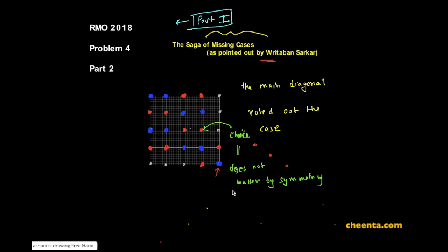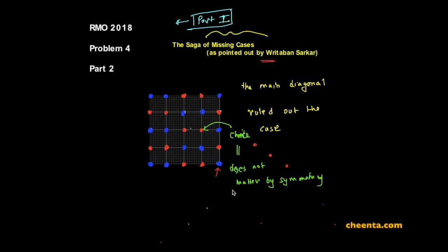This one has to be blue. Why? Because we already have two reds here. In this big box, if this one is red, this one is red, this one has to be blue. Now you see what happens. The biggest square in here, this is blue, this is blue, this is blue. So we failed the test.